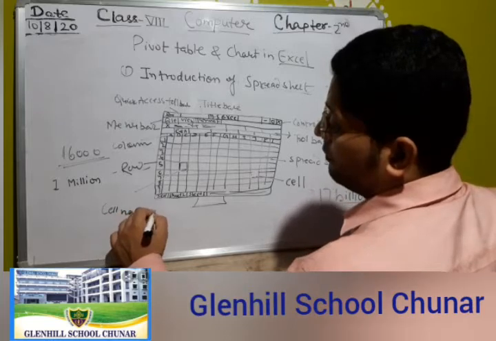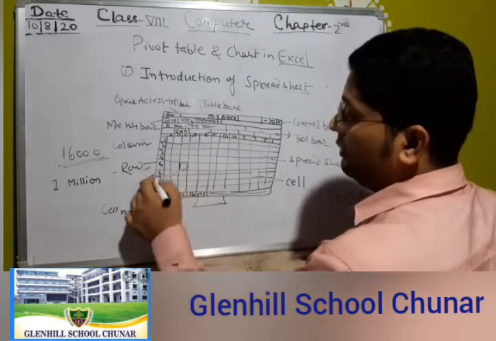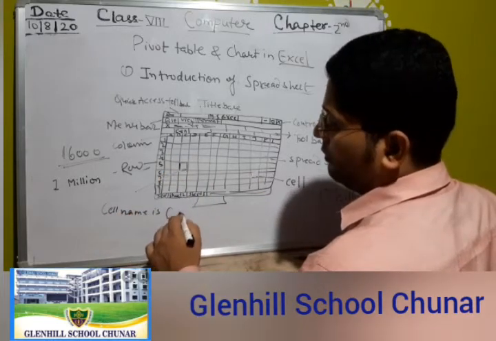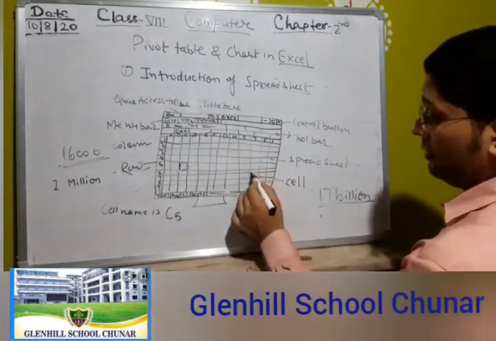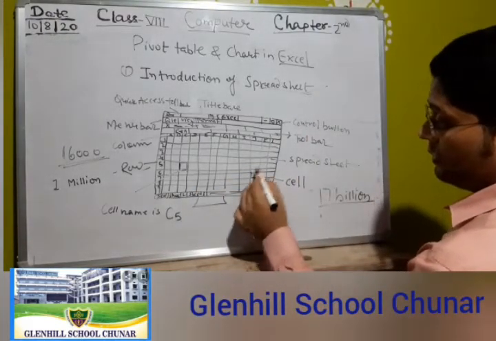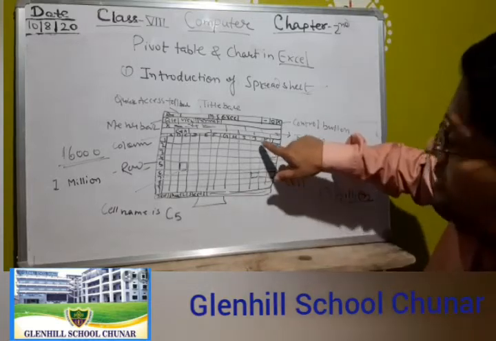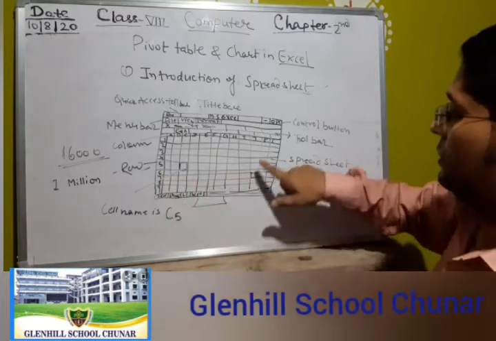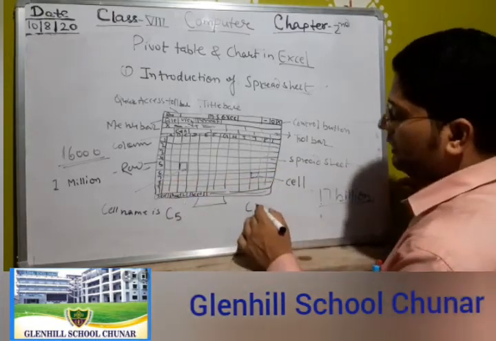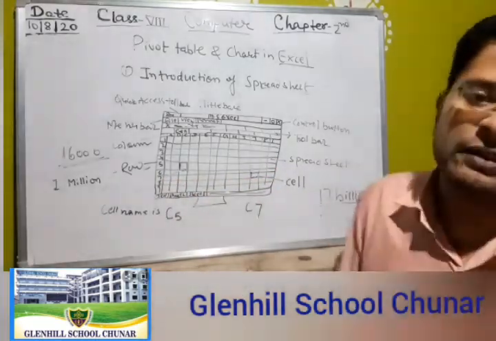And here, your cell is in column G and row 7, so that cell is G7.